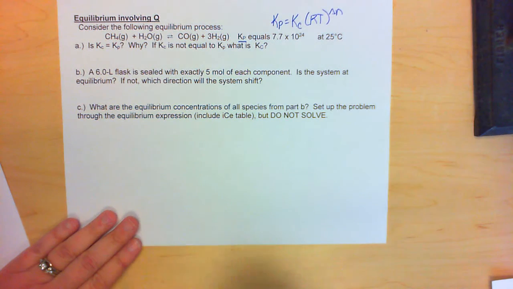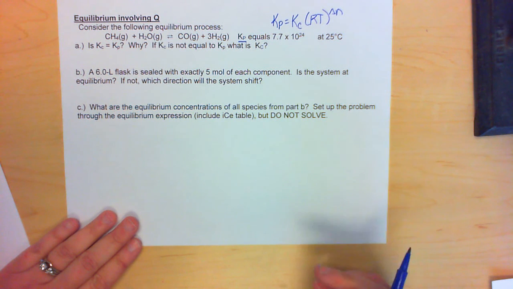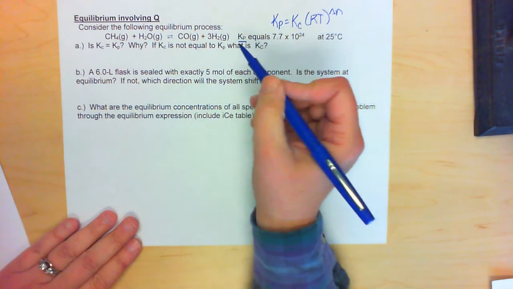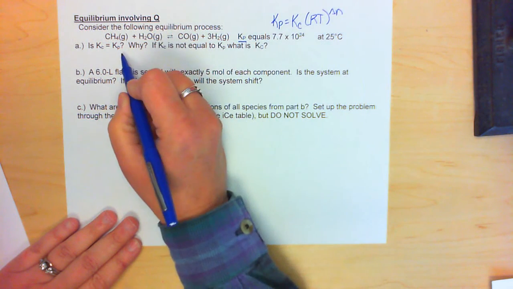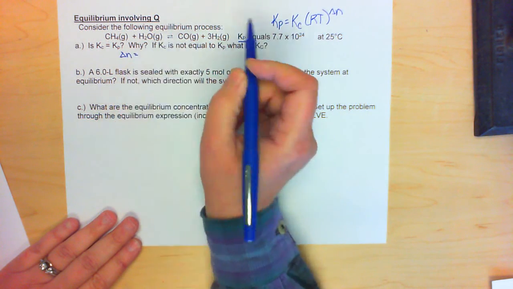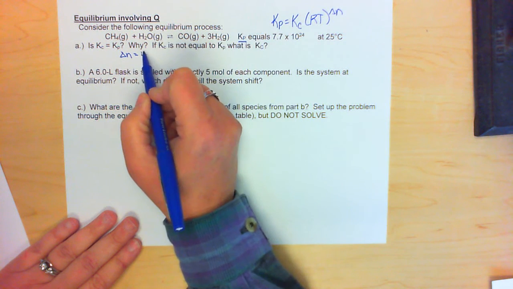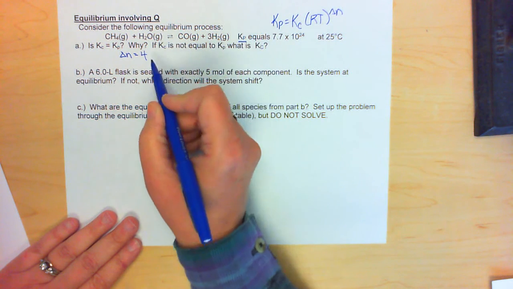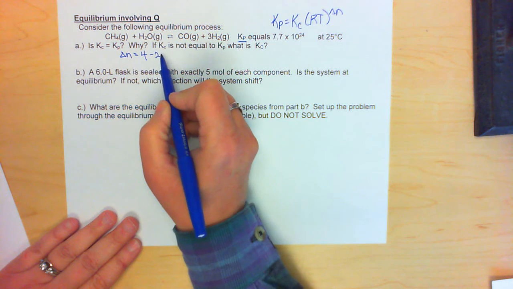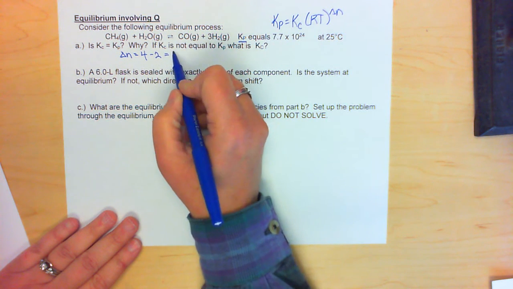So the delta n is the first thing we have to find. We're only going to look at the gases. So delta n is equal to 4 minus 2, which is 2.